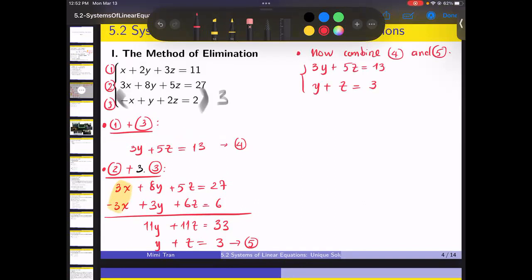You can either use elimination or substitution, doesn't matter. Multiply the second one by -3. I have a habit of using elimination.